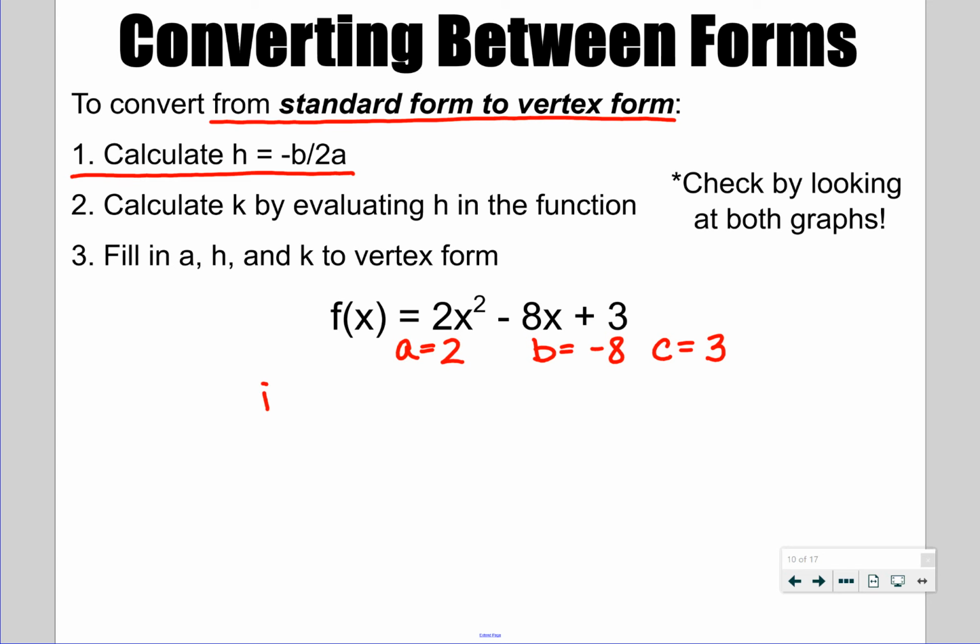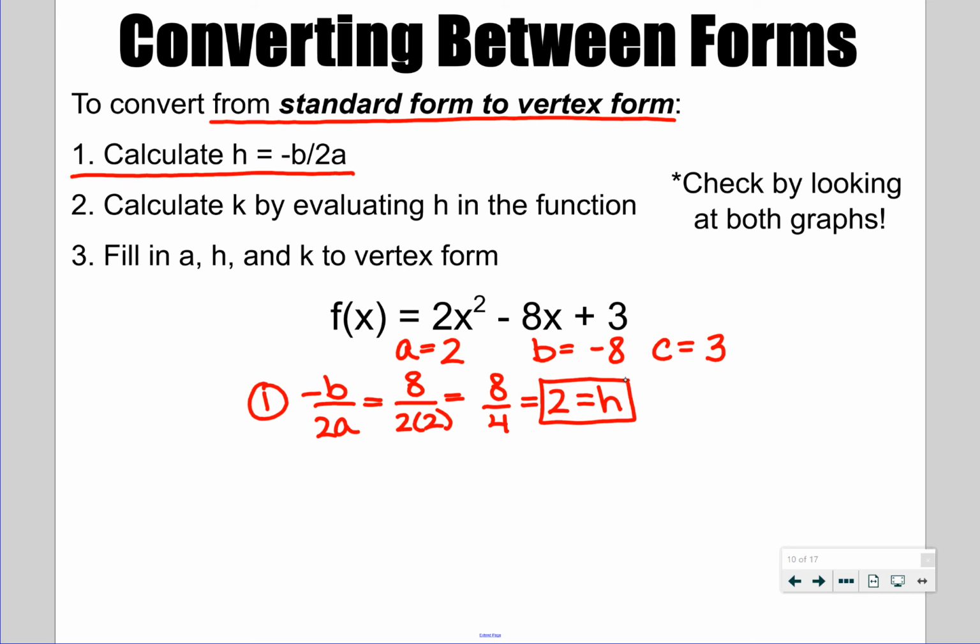So if I want to calculate -b over 2a, the opposite of b is +8, 2 times 2 at the bottom. It gives me 8 over 4, which is 2. So your h value is 2. Second step, calculate k by evaluating h in the function.